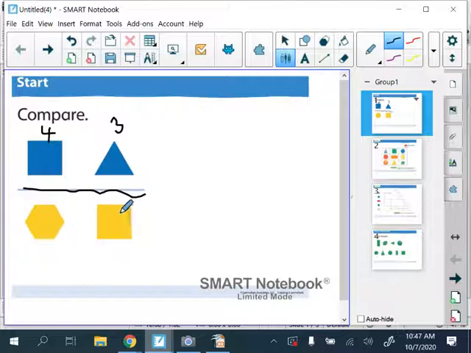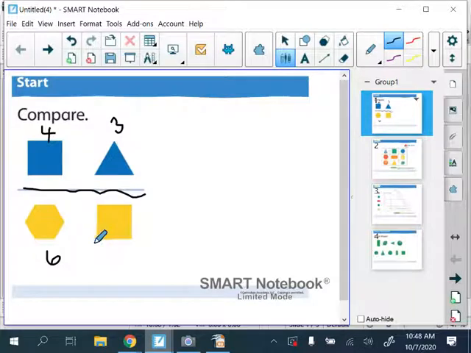Let's look now at the yellow shapes. Boys and girls, what is this shape that my pen is circling around? It's a hexagon, and a hexagon has 6 sides. Now, boys and girls, what is this shape that my pen is circling around?